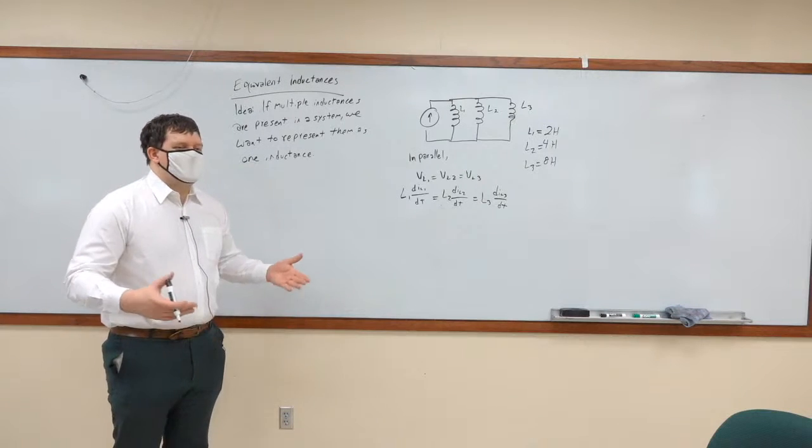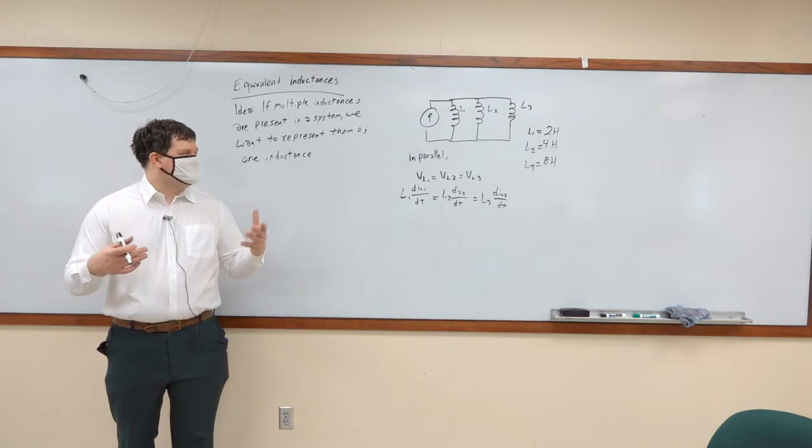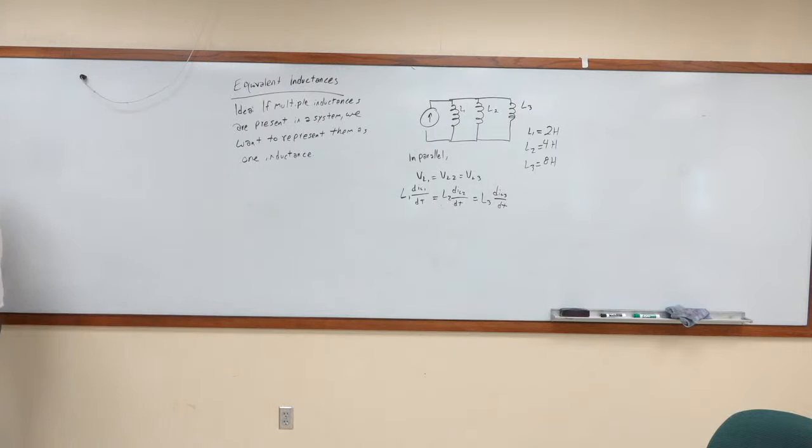So with them not having the same current, what we see is, okay, anytime we add another component in parallel, we're actually going to reduce the amount of current that every individual component sees.